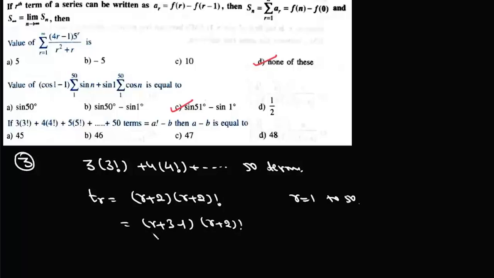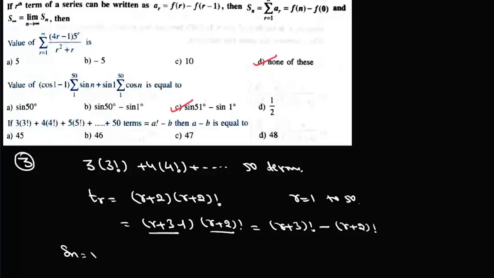Now its general term will be r plus 2 into factorial r plus 2, where r varies from 1 to 50. Now we can write this as r plus 3 minus 1 into factorial r plus 2. r plus 3 into factorial r plus 2 is factorial r plus 3, and minus factorial r plus 2.